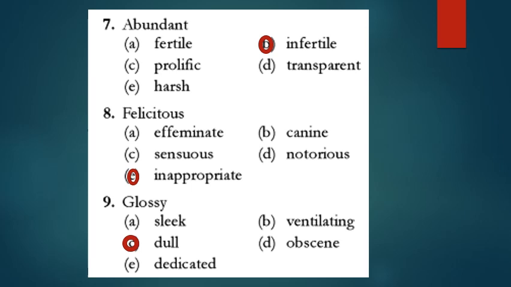What does effeminate mean? Womanish. Canine is related to dog. Notorious, infamous. Let's go to the ninth word. Glossy, shiny, stylish. That is the meaning of the word glossy. And what is not very shiny is dull, the opposite of that. So the remaining, obscene, is related to sex. That's very immoral.